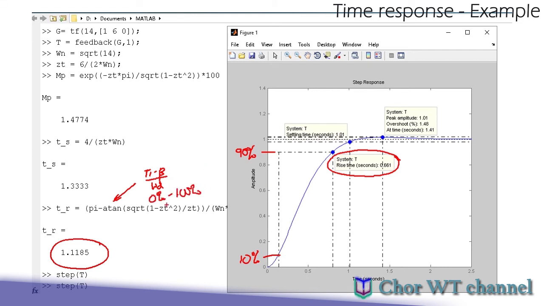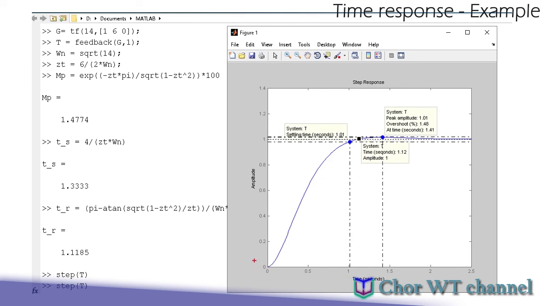Therefore, these two answers do not agree with each other. If you want to verify whether your calculation is correct, you can locate the point where the system hits 100% for the first time. So let's try it here.